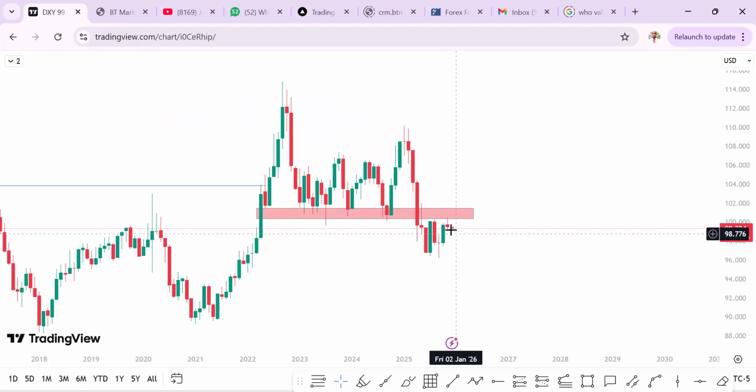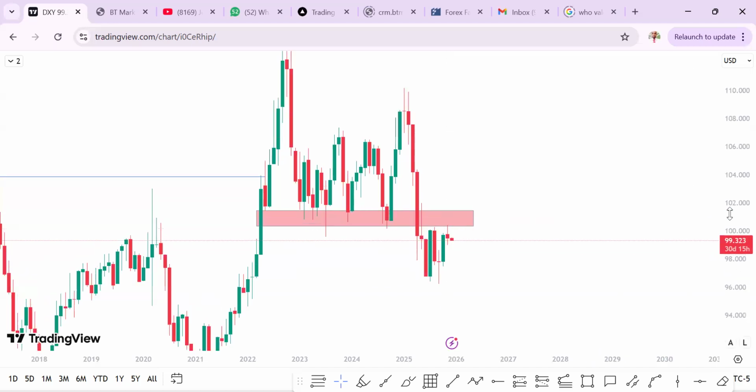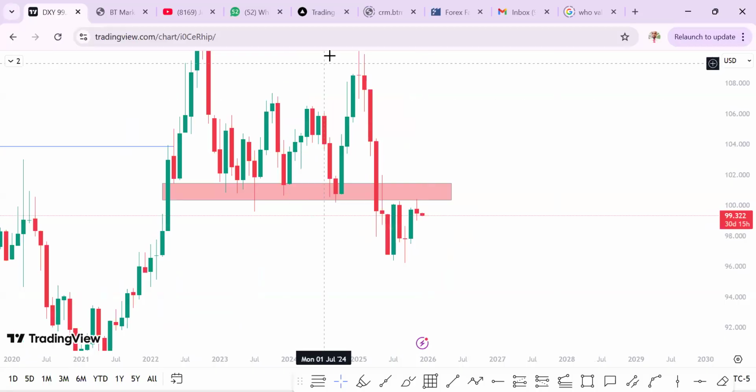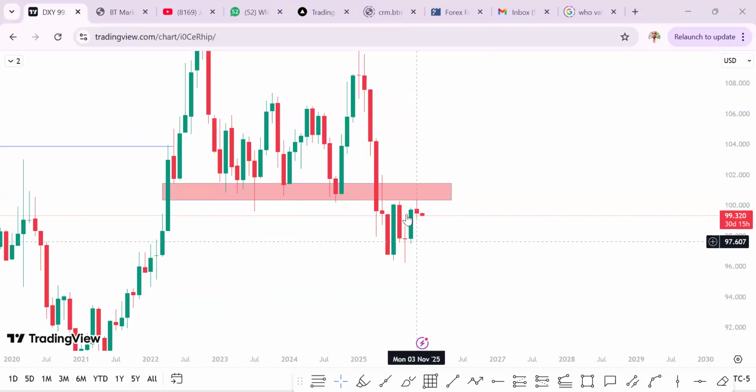So for this bearish formation, the November close, we may likely see a kind of pullback on dollar for this month, maybe before we can continue bullish. So we may likely see November more bearish for dollar.